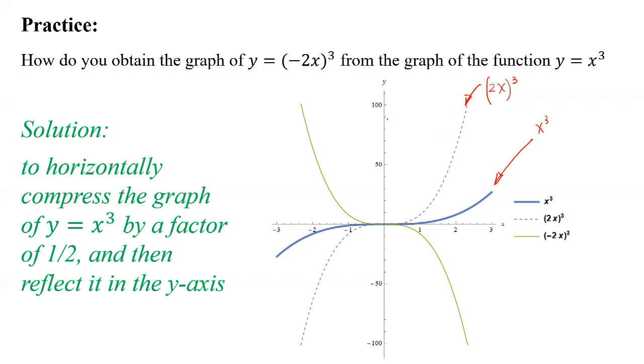So that means we need to reflect the dotted graph in the y-axis. And the curve here is the curve we want, which is -2x to the power of 3, right? Okay, any questions?